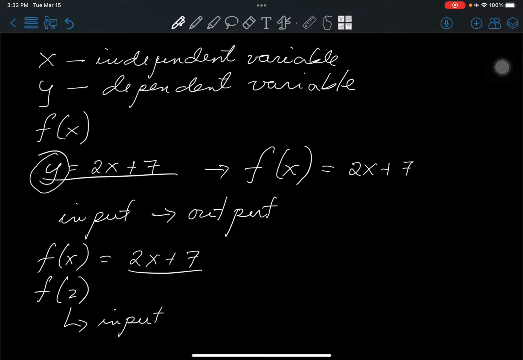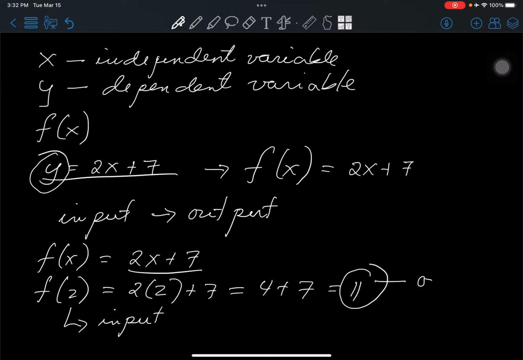So this would become f of 2 using our given 2x plus 7. This would be replaced by 2, so we have 2 quantity 2 plus 7. Basically, this would become 4 plus 7, and this is equal to 11. This is what we now call your output.